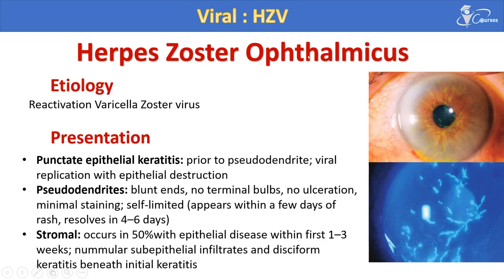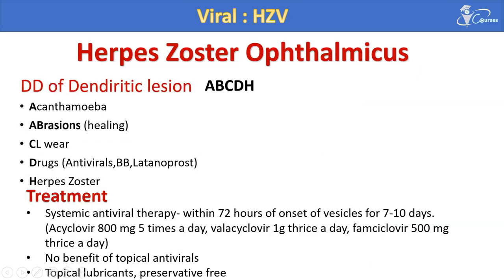So patients with herpes zoster do not develop true dendrites. It is just pseudodendrites. Remember the differential diagnosis of a dendritic lesion. It is A, B, C, D, H. What are these? A for acanthamoeba. Remember, we just mentioned it. B for abrasion. If a patient has a healing abrasion, they will develop something like pseudodendrites.